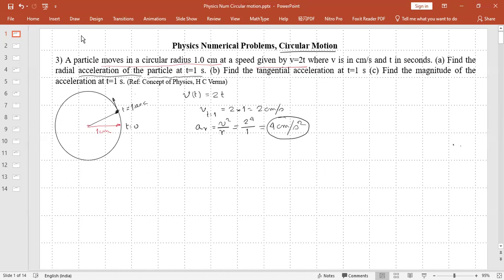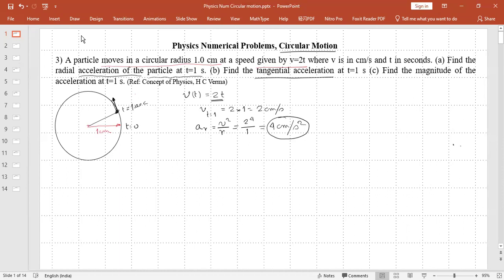Now, the second problem is to find the tangential acceleration. Since the tangential velocity is a function of time, and it is clear that the velocity increases with time, it has got an acceleration, right?